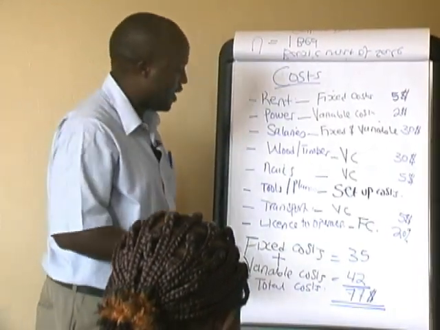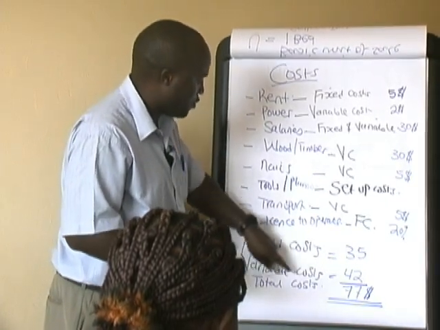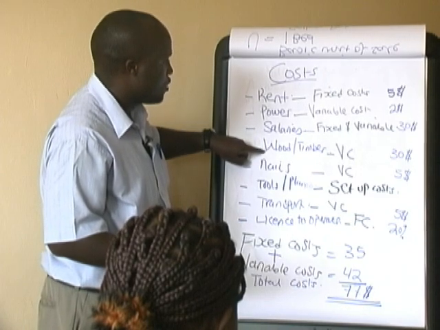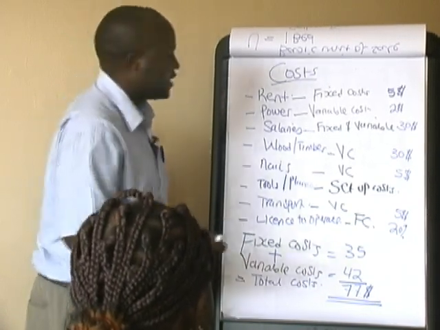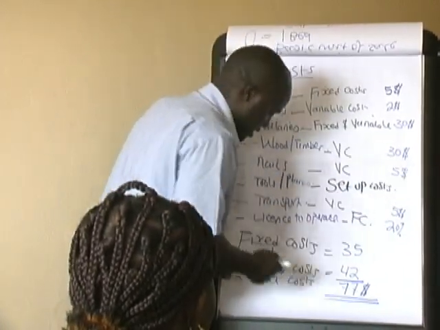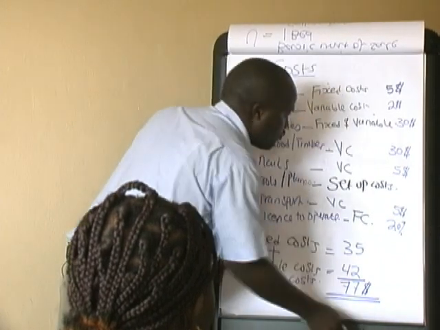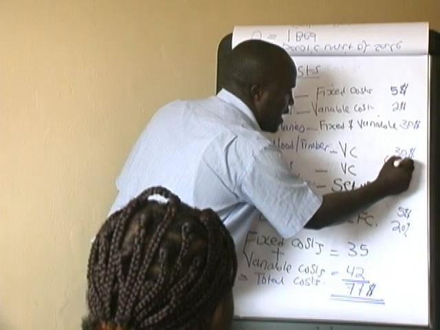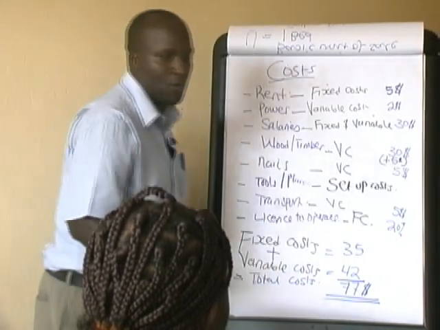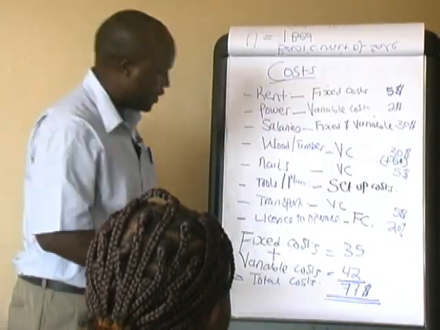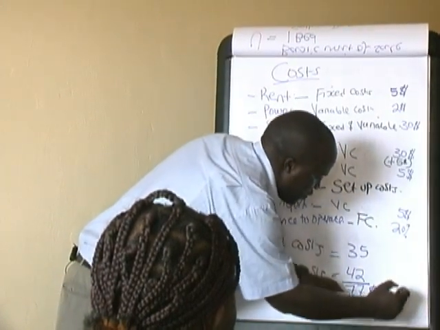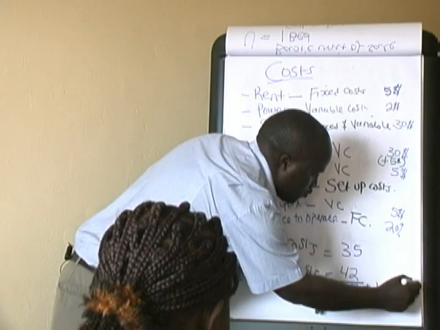If you look closely, the variable cost for wood had increased, so we have to add another $5 as a result of our costs going up. So this one would be plus 5, meaning that we are actually spending $82.